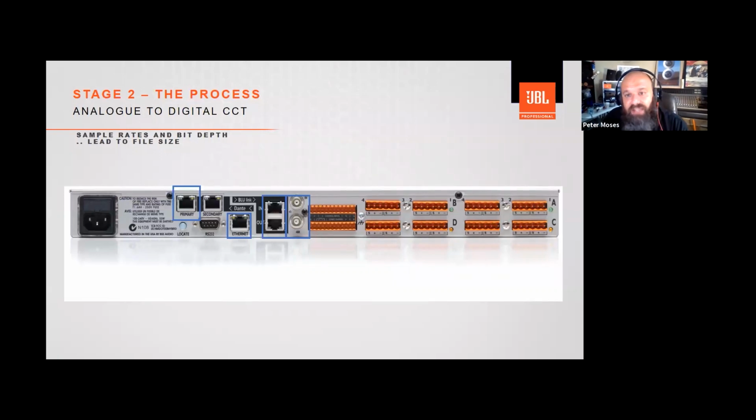Now, what makes Dante one of the most popular digital audio protocols in the world is that if the primary port all of a sudden goes down, we can have a secondary port available. Configuring your network and your devices to transmit primary and secondary Dante information is a very, very good practice to get into the habit of doing, especially for enterprise systems.